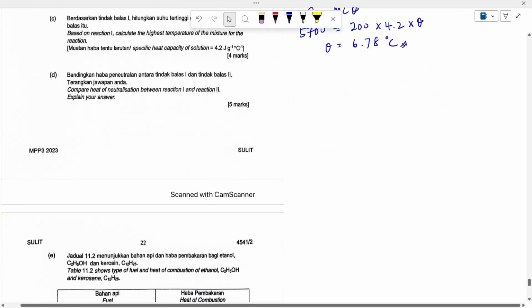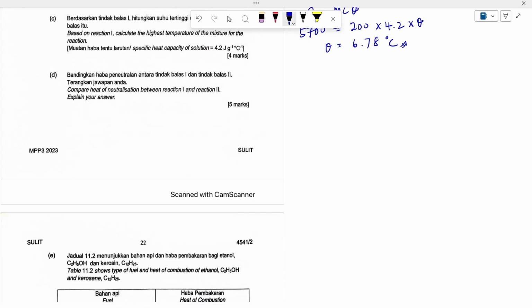Next, compare the heat of neutralization in reaction 1 and reaction 2. So for D, point number 1: heat of neutralization.